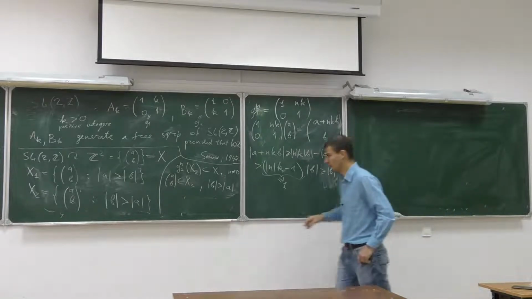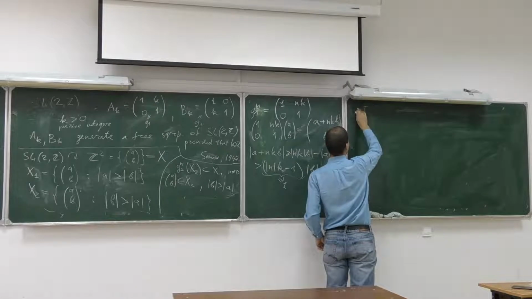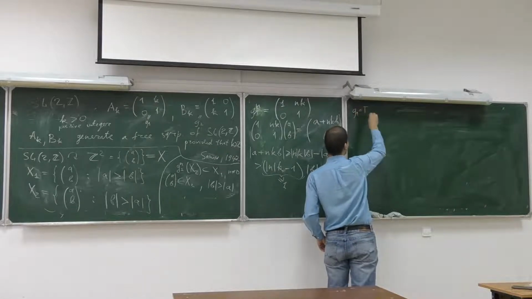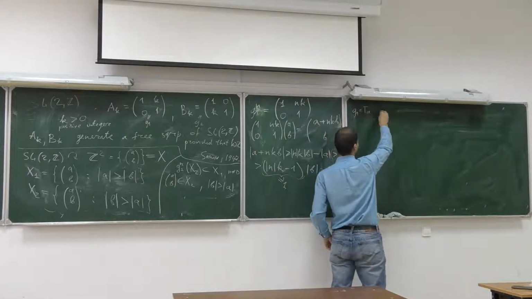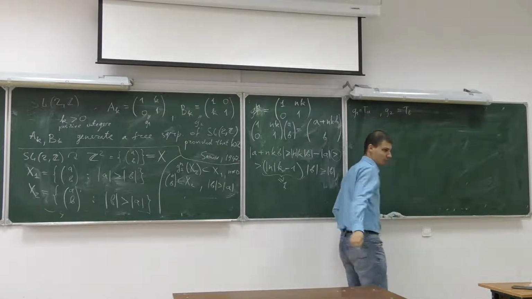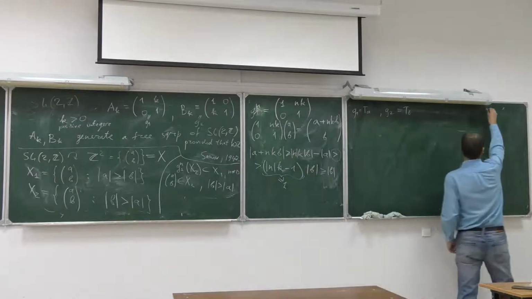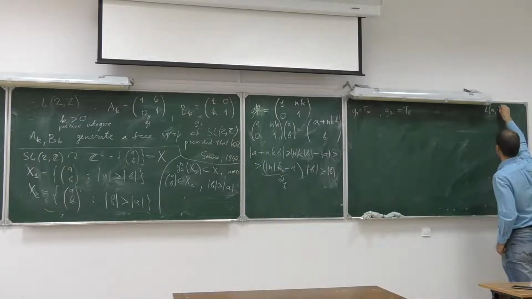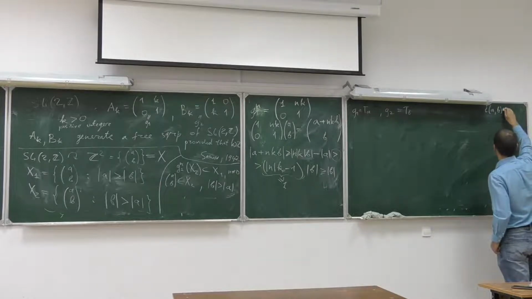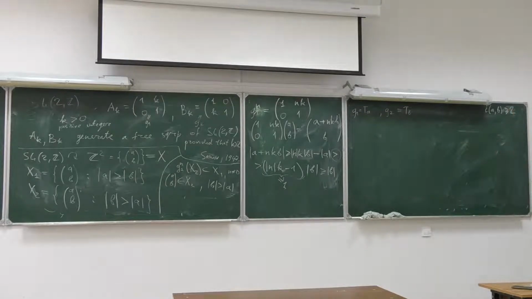Now we have the following situation. We have these two Dehn twists. According to the ping-pong lemma, it is convenient for me to denote them by G1 and G2. We know that the geometric intersection index of A and B is greater than 1, is at least 2. And I would like to do something similar.